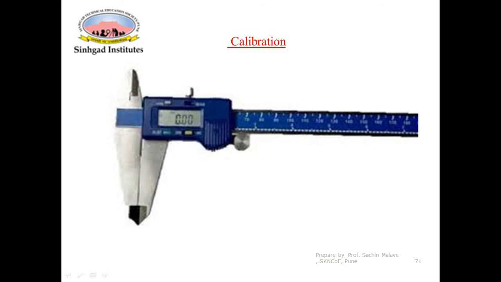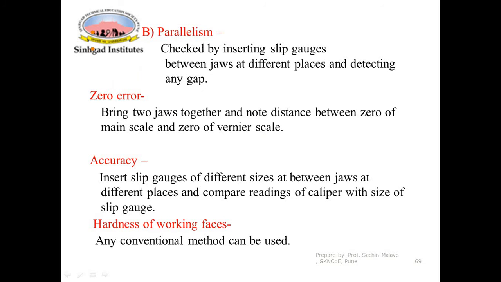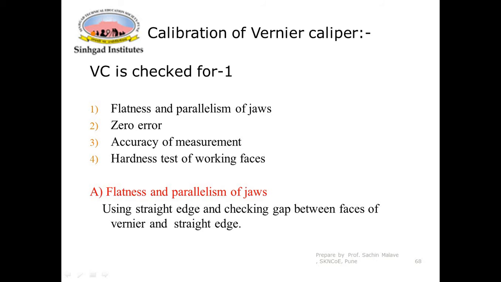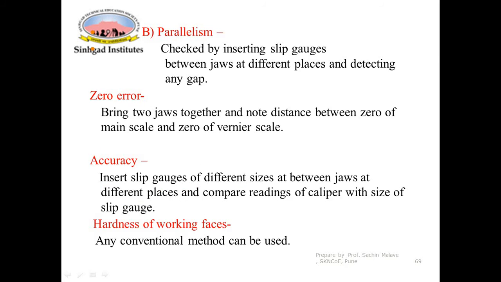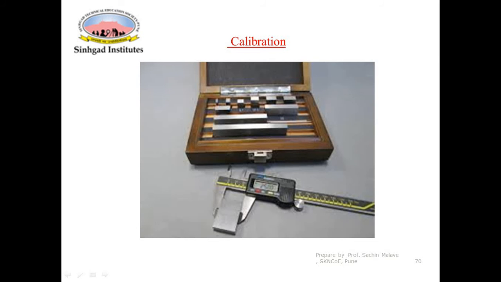You can go through this image of the vernier caliper and see what parameters are checked during calibration. Flatness and parallelism of the jaws. So what is this flatness and parallelism of jaws? In this vernier, this is one jaw and this is the second jaw.